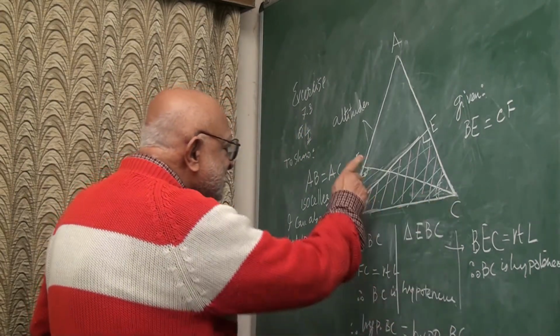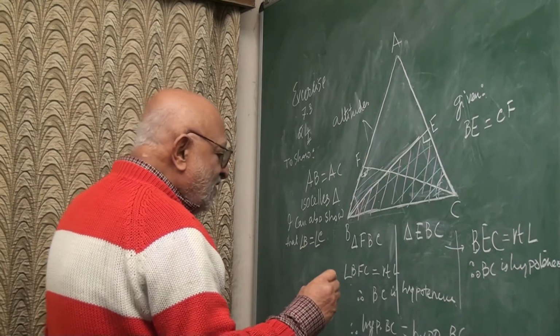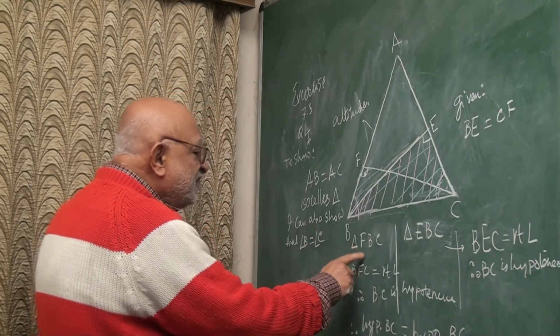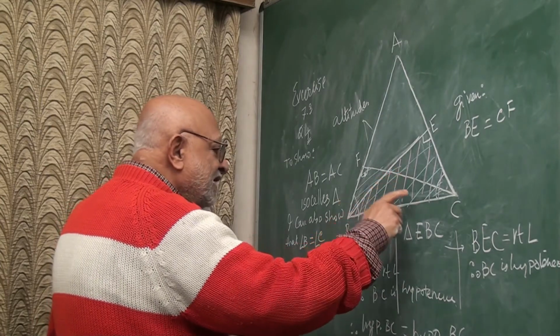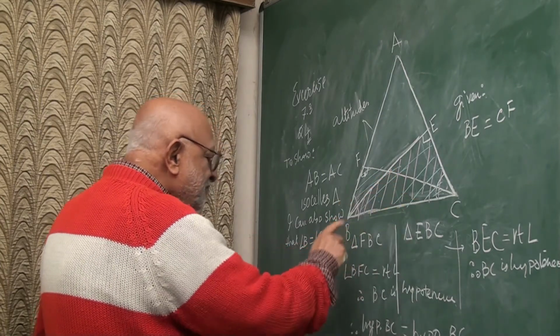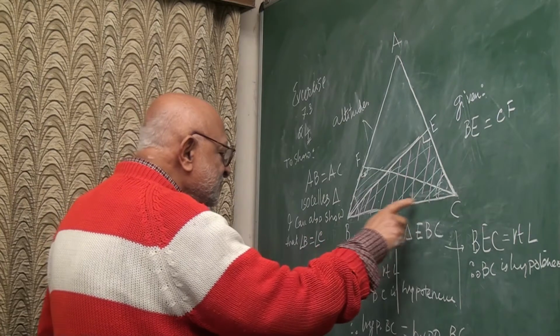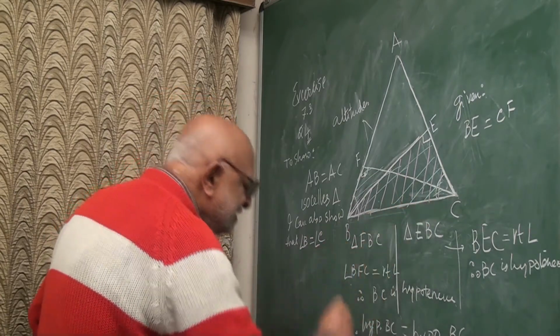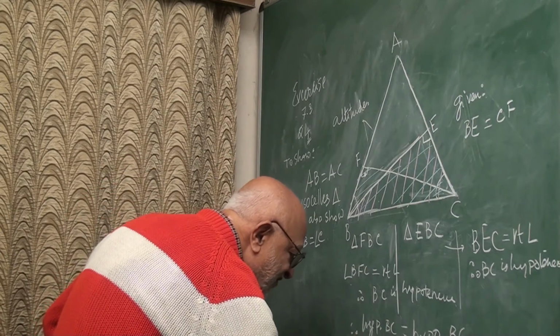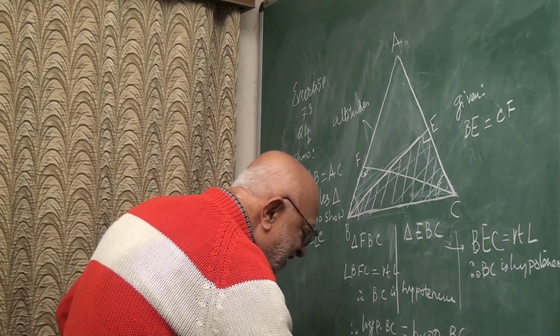That one side is given, CF. So I will start with CF. CF is equal to BE.